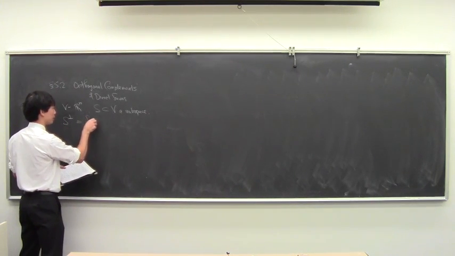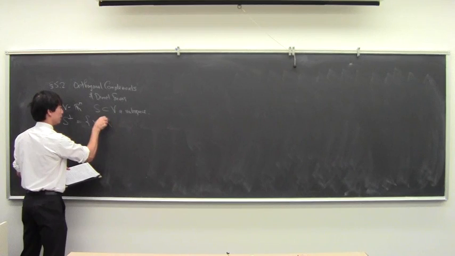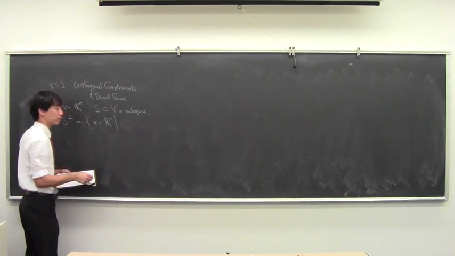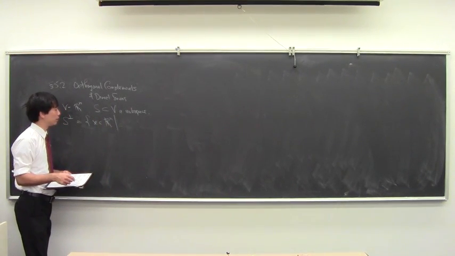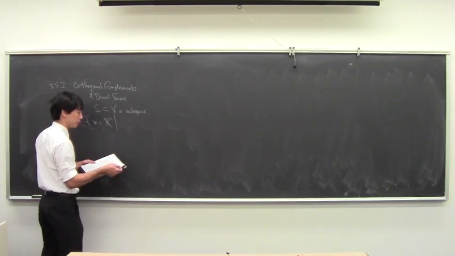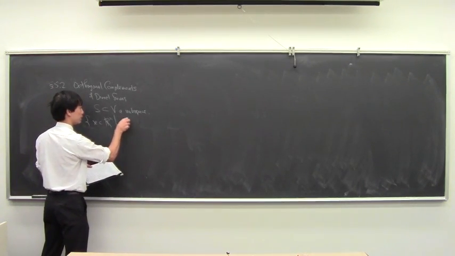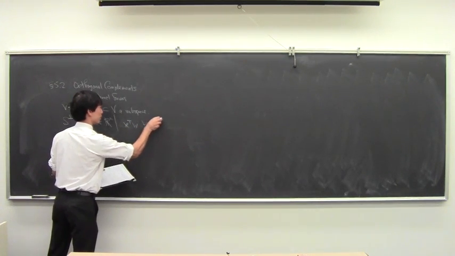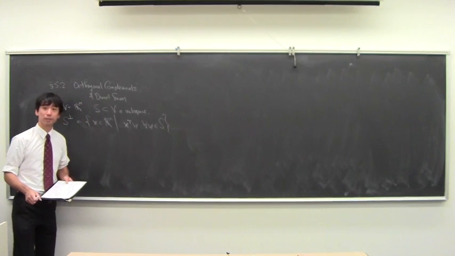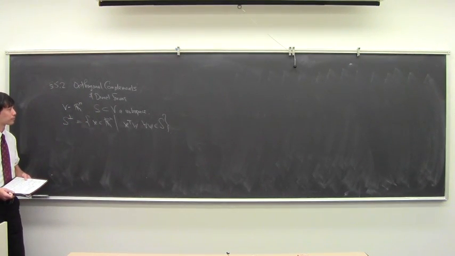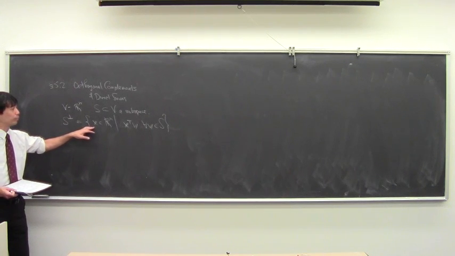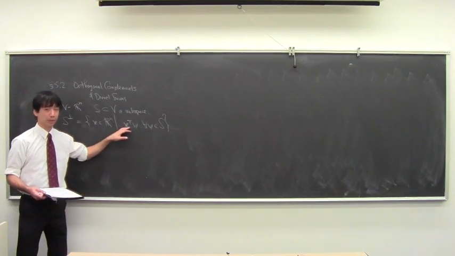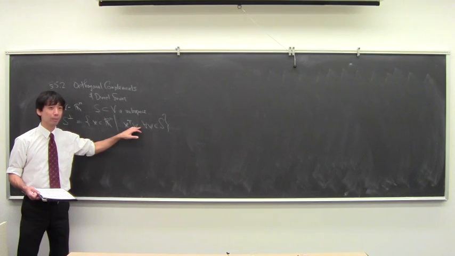It's going to be all vectors x in Rn so that x is perpendicular to all vectors in that subspace. It's a collection of everybody who's perpendicular to everybody in your subspace.